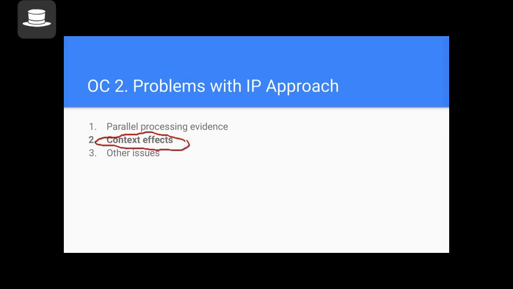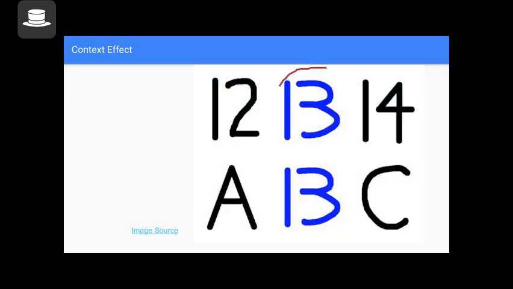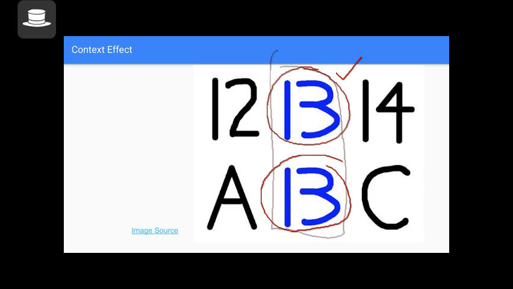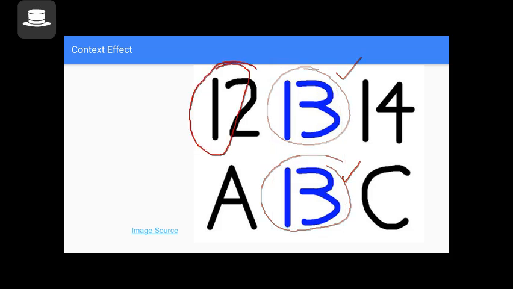Let me show you the task. Now, let's look at this. If I just showed you this particular image, what would you say it is? It could be B or 13. Now, you can say that because I'm providing both the images here. What typically happens is that the same image would be interpreted as a number or as an alphabet, depending on the information that you processed before.